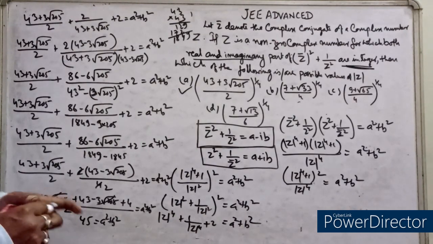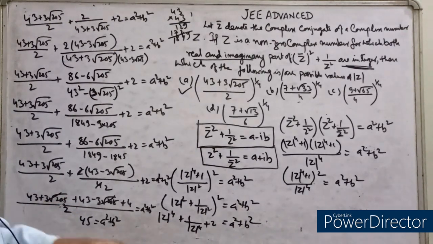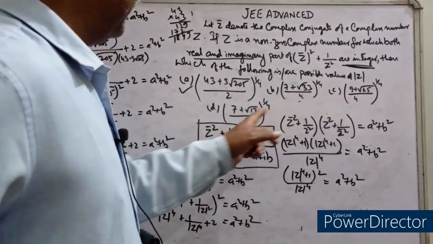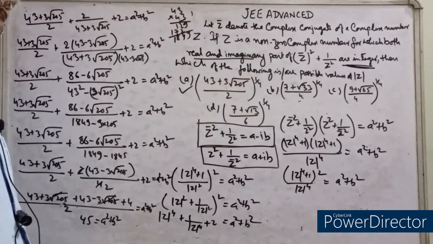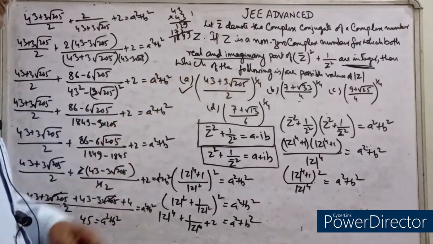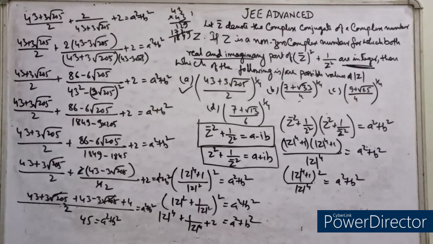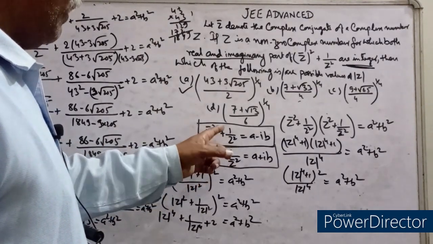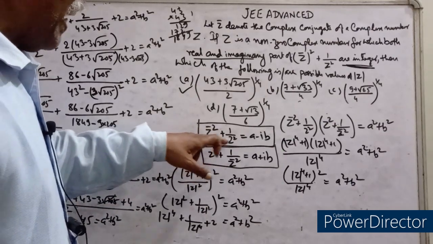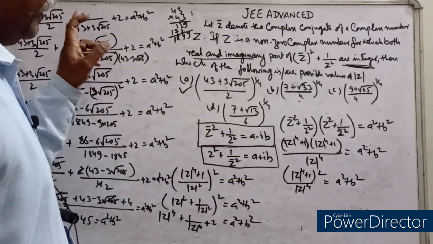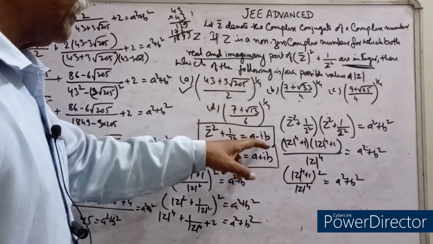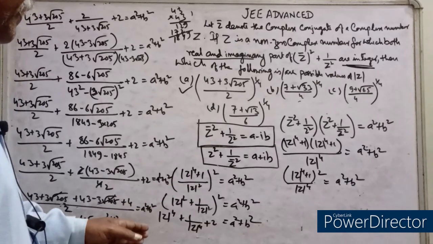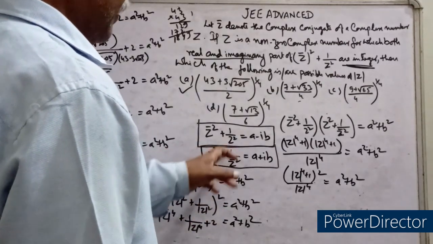It took me a little time to solve it, and I have checked for all the others and got fractions, only for this I got an integer. I have just shown you why I considered a minus ib and why this is considered a plus ib.